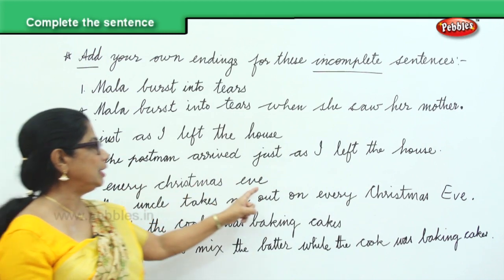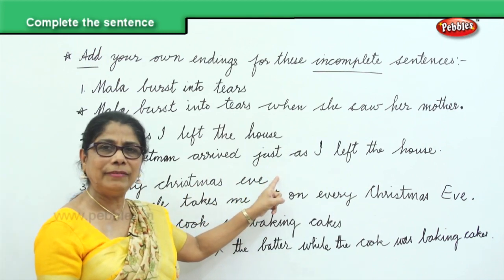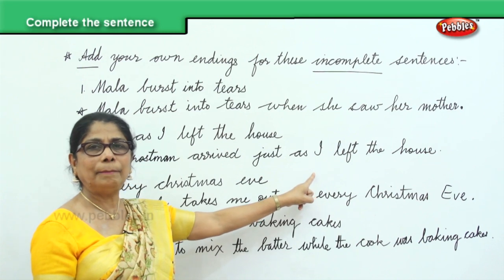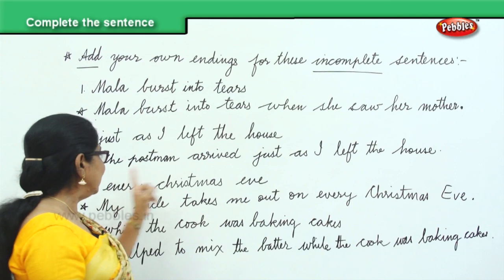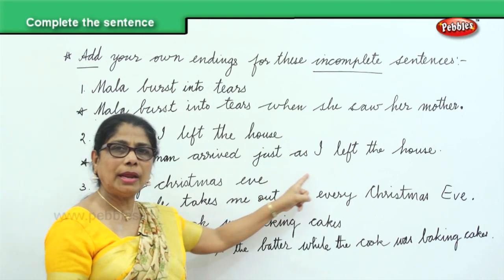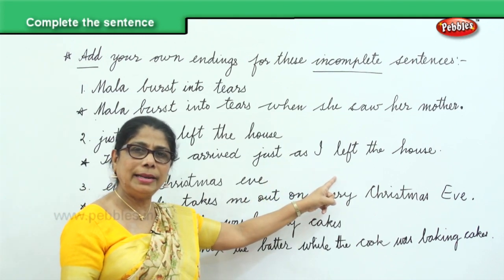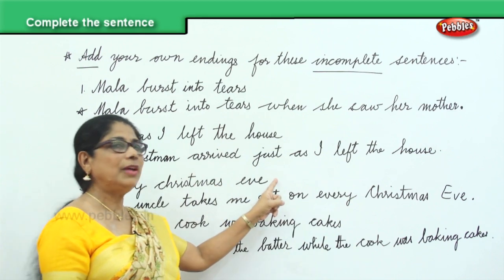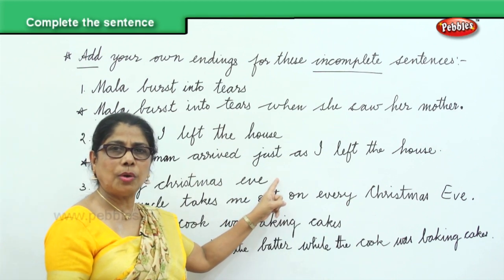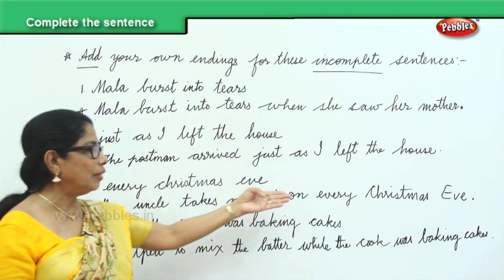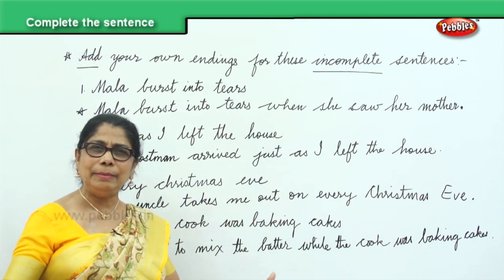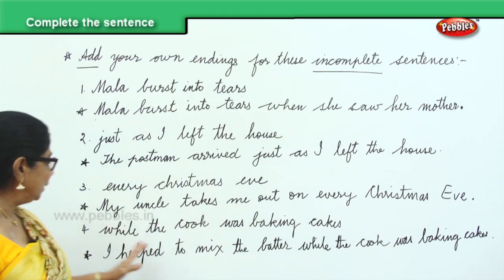Every Christmas Eve, we had a dinner party at some hotel. Every Christmas Eve, we went out for dinner. Every Christmas Eve, my mom took us to a mall, whatever. My uncle takes me out on every Christmas Eve. You can end it, begin it, either way, make a complete sense.